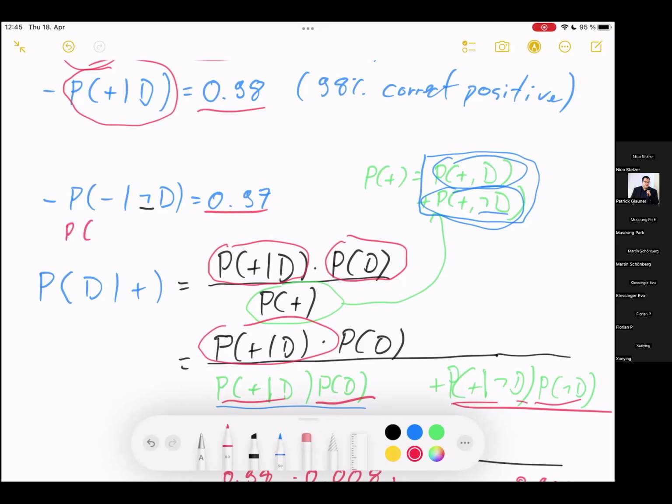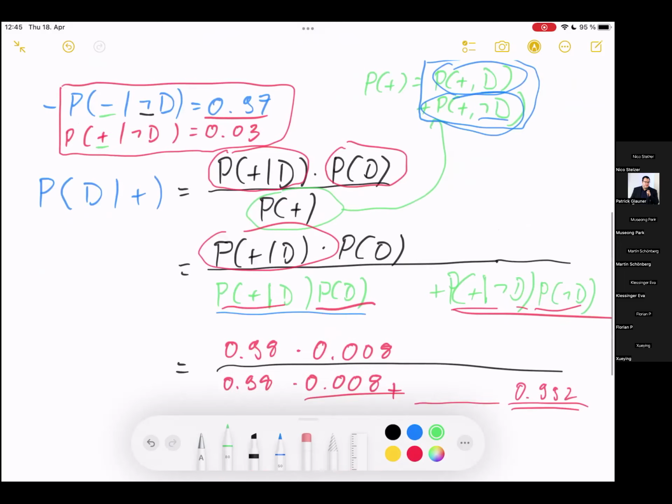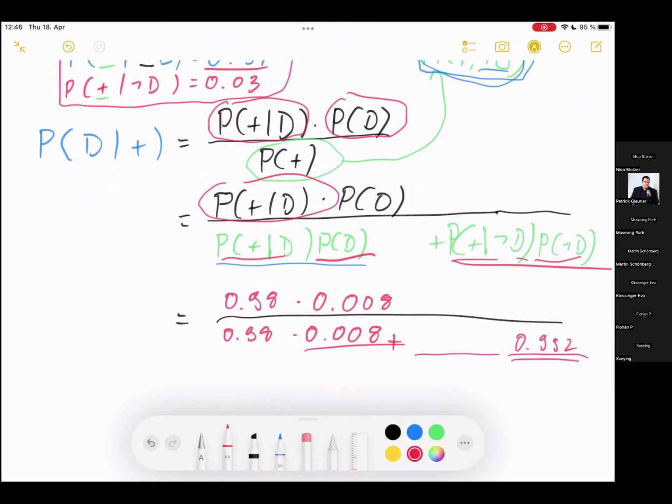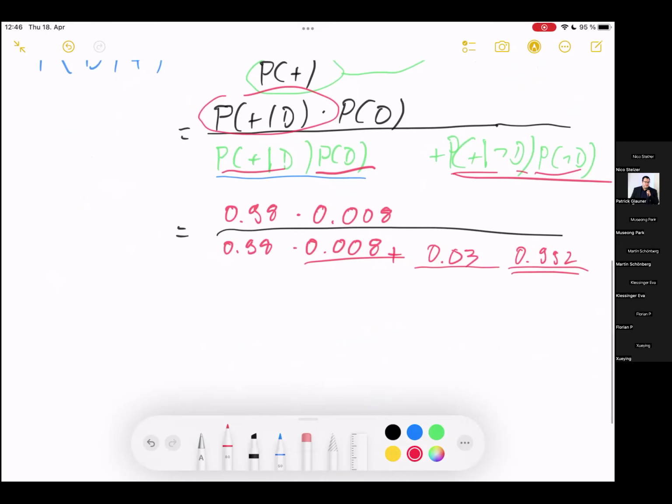So the probability of a positive test given not having the disease is 0.03, because these two need to add up to 1, because our test can either be negative or positive. So we need to plug in the 0.03, and we need to calculate this.